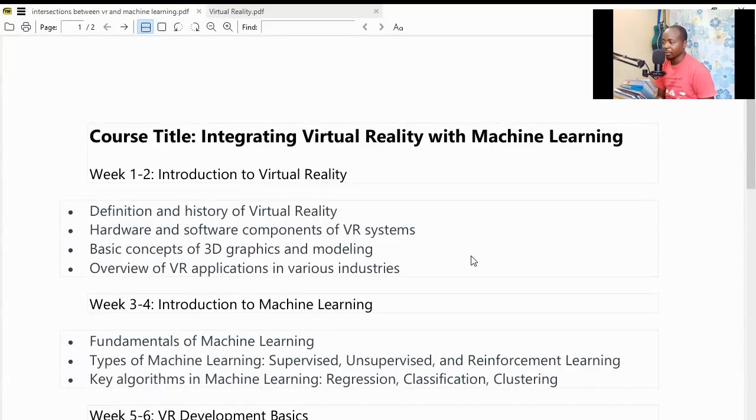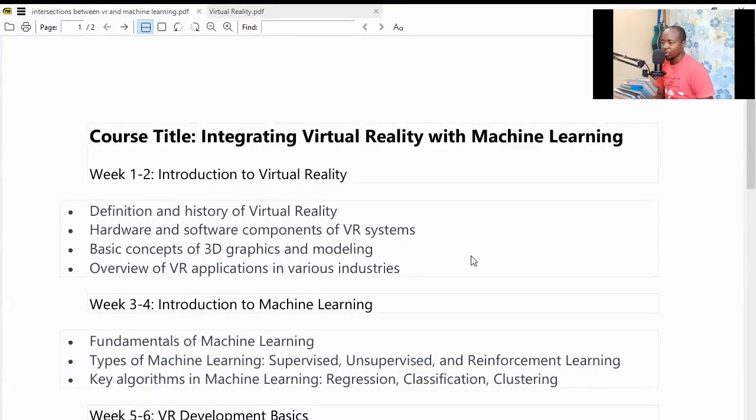We're going to define and look at a little bit of history of virtual reality. We're going to look at hardware and software components of virtual reality systems. We're going to look at the basic concepts of 3D graphics and modeling. We're going to look at an overview of virtual reality applications in various industries as they are today.